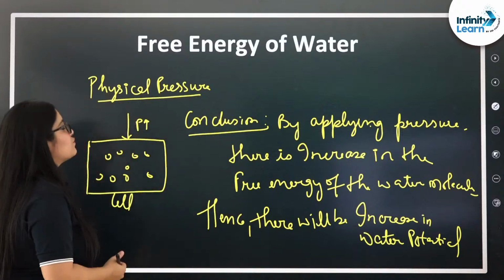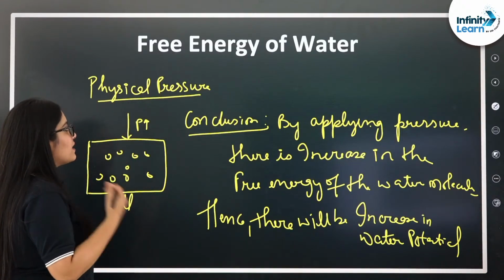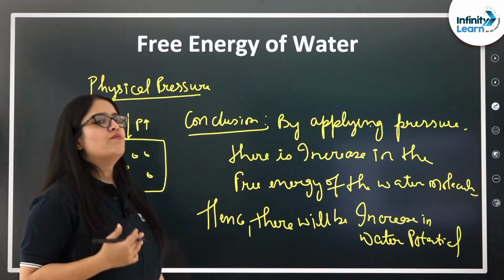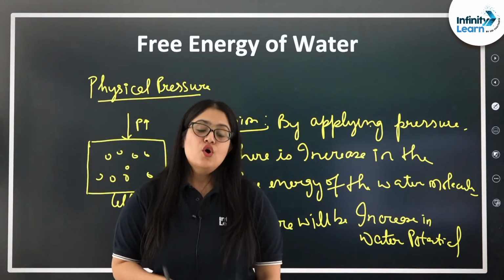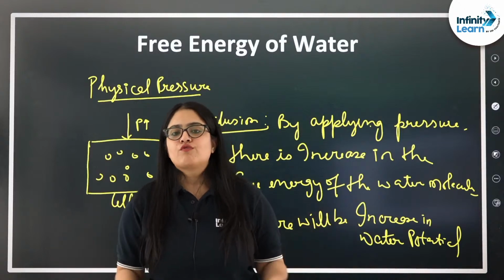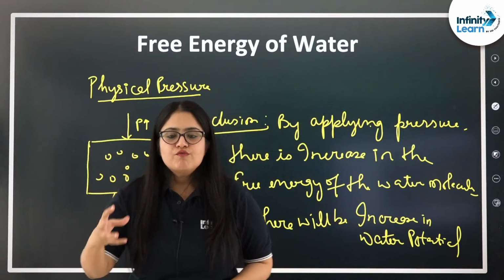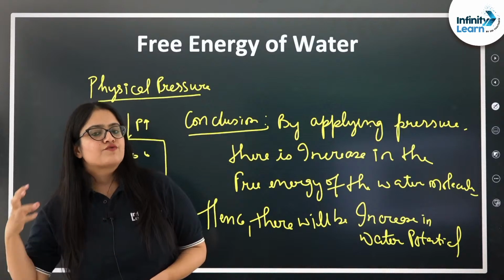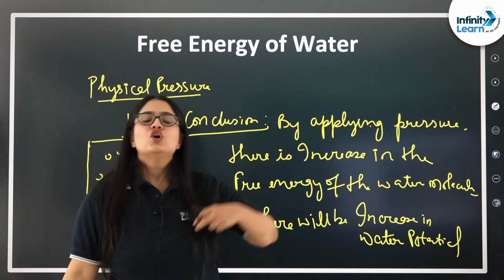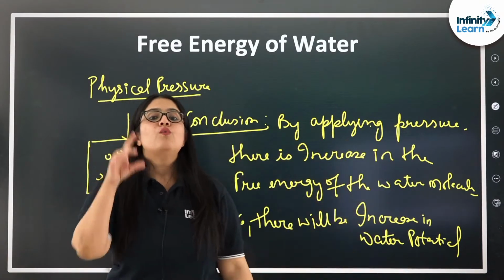So next thing that we need to understand over here is, students, what should be the movement of water molecules. So see kids, movement of water molecules is always from a region of high water potential to a region of low water potential.